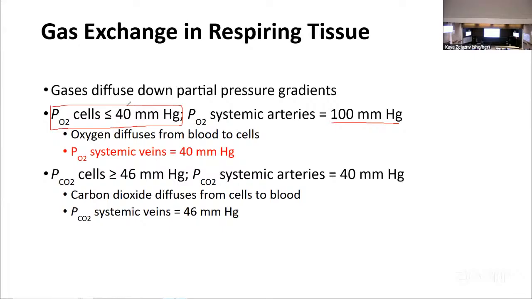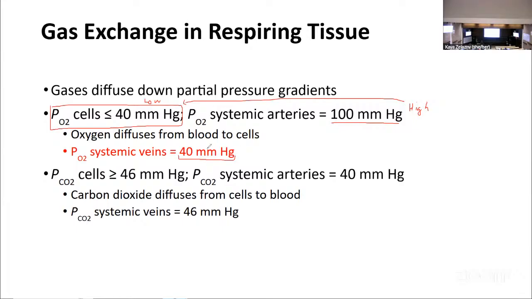That partial pressure of 40 in the cell actually making ATP is lower. So we have this high-low gradient: higher partial pressure in the artery, lower in that active cell. So we see that movement of oxygen into our respiring tissue until we come to equilibrium. We have the oxygen going from the blood into these cells until these numbers match, and then that oxygen returns to the heart with this lower partial pressure.